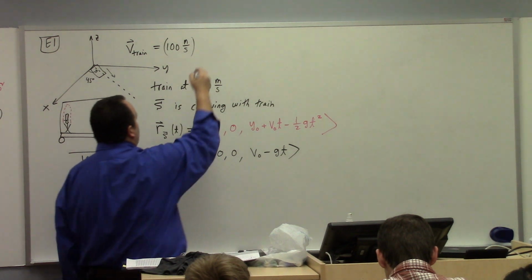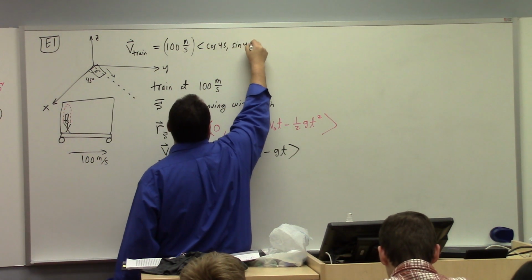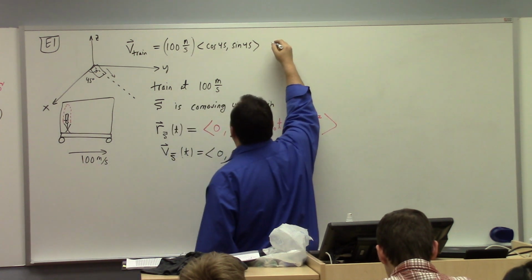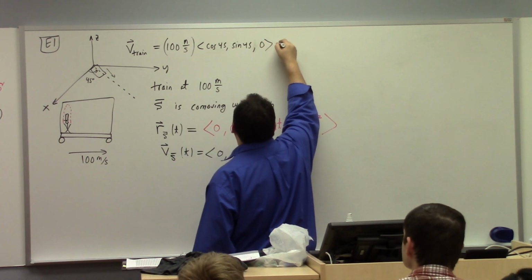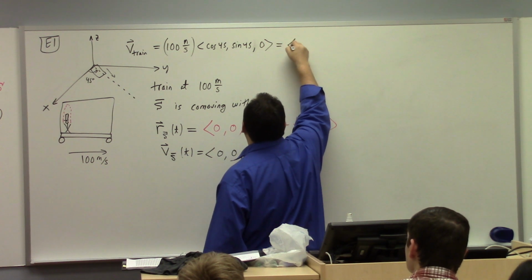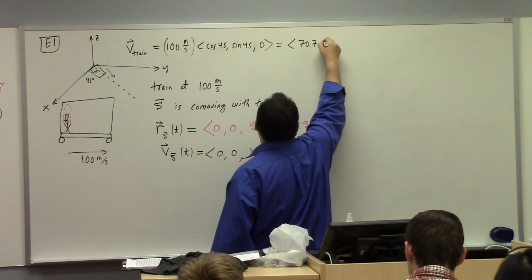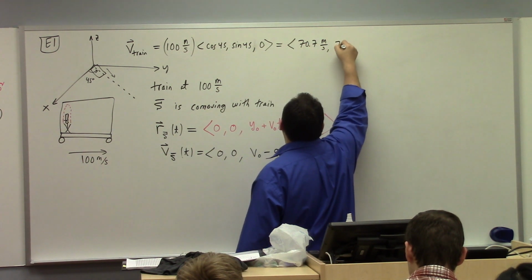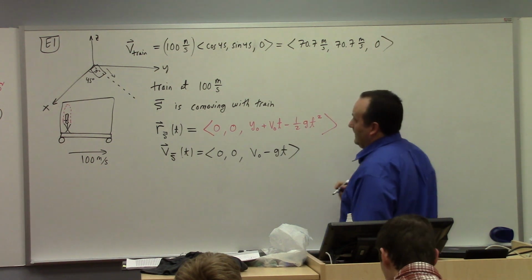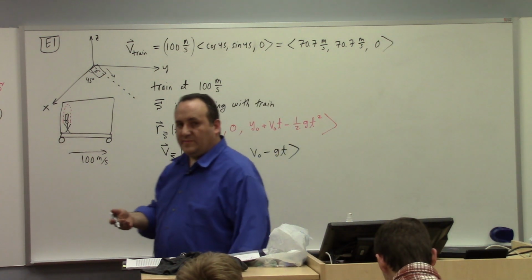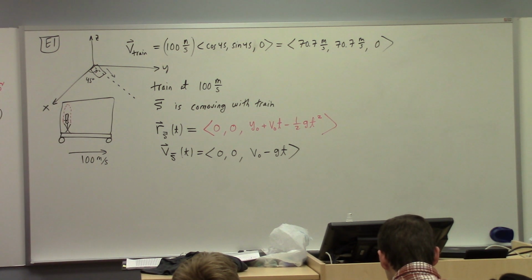Cosine 45, sine 45, and 0 for the z. So what you got is essentially 70.7 meters per second, 70.7 meters per second, 0. That's the velocity of the train with respect to the fixed coordinate system in which the train is traveling, right?